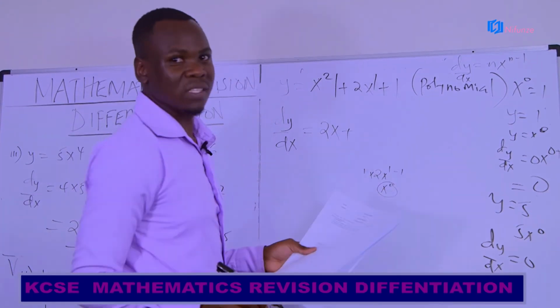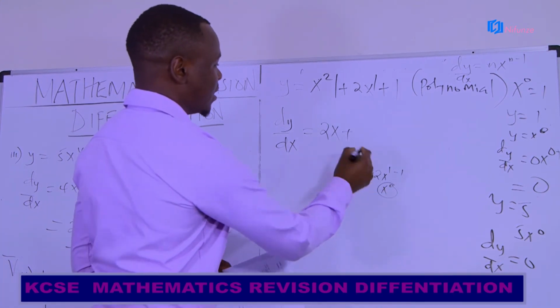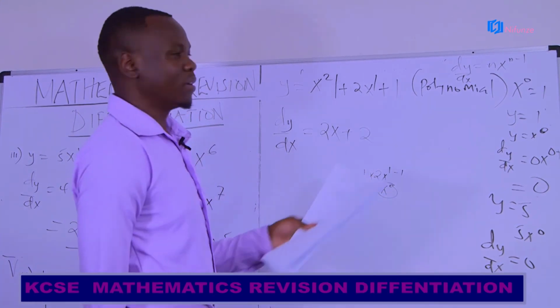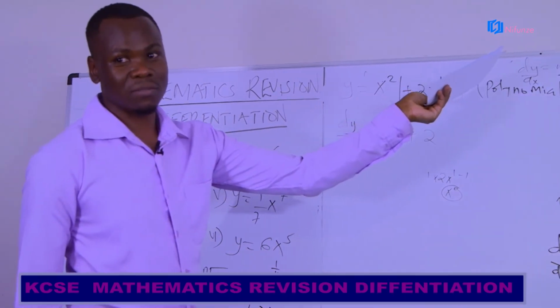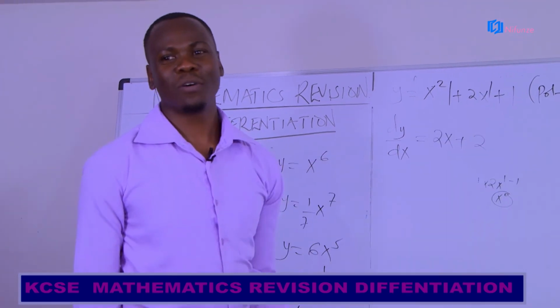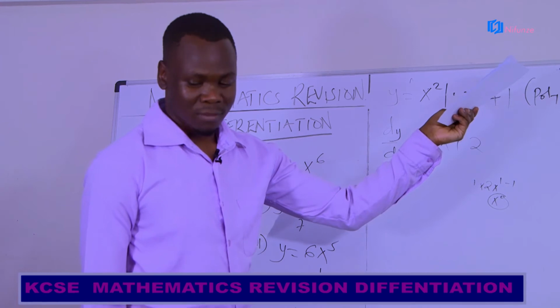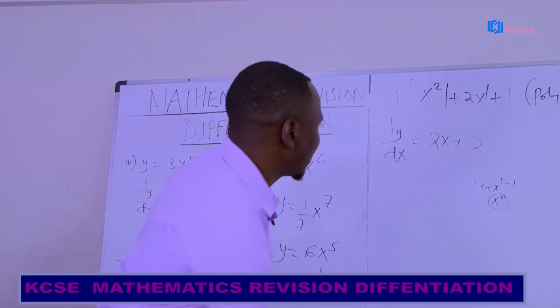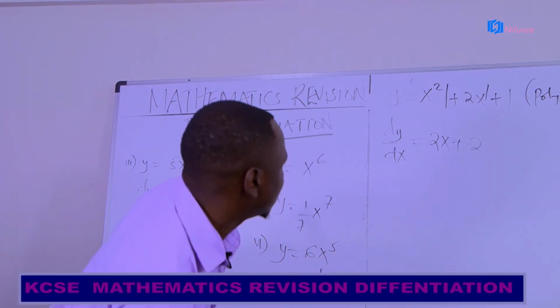So it means x will disappear from that particular term and the derivative will be 2. And then, as I told you, a whole number will have a derivative of 0. Don't even bother yourself going into it. The derivative of 1 is 0.